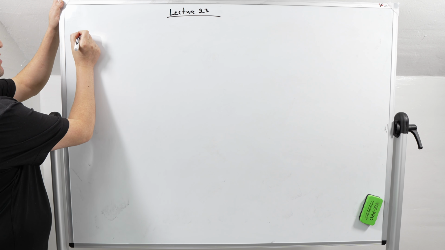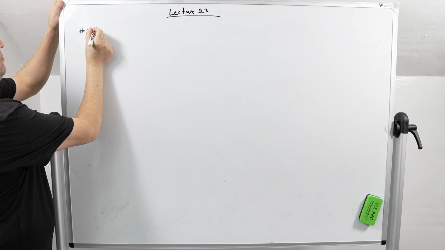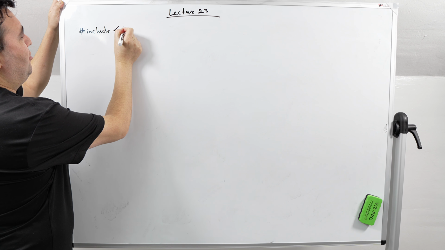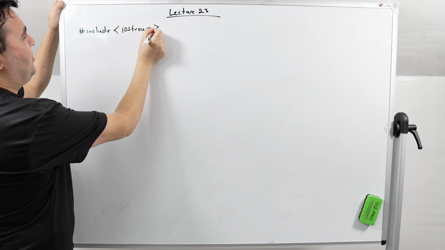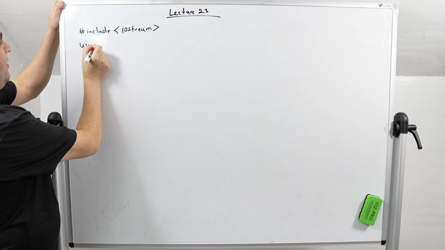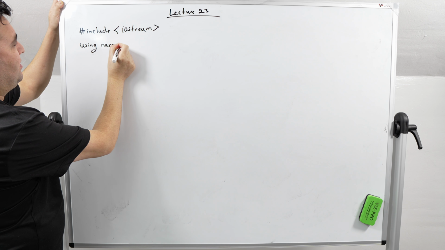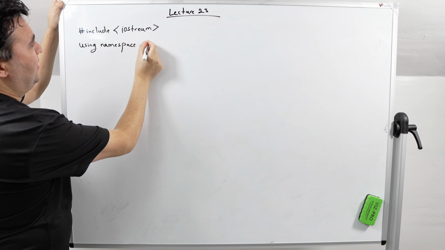First, we start with #include <iostream>, our input-output library, so we include it in our program. Then we use our namespace: using namespace std.